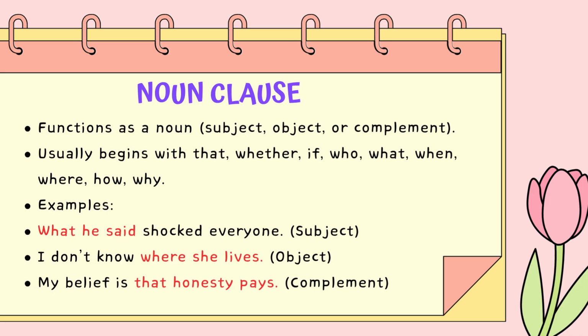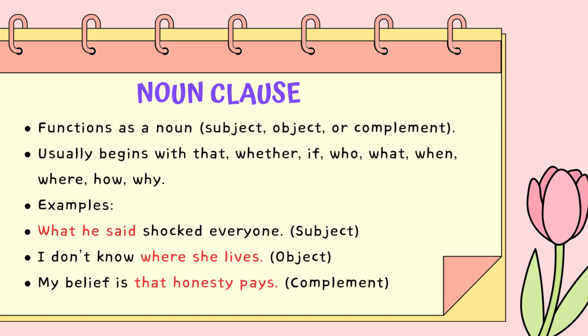Usually, a noun clause begins with that, whether, if, who, what, when, where, how, why. So a noun clause begins with these head words. That's one of the ways you can identify a noun clause.